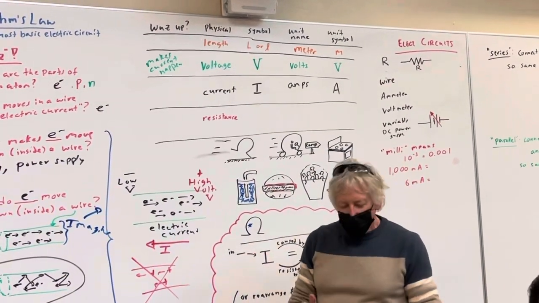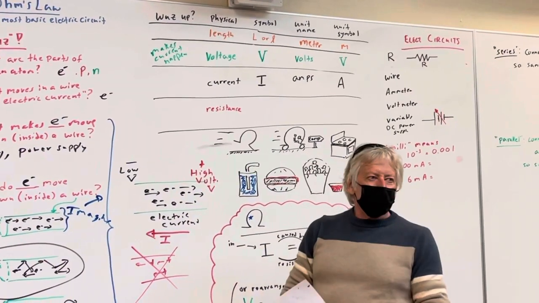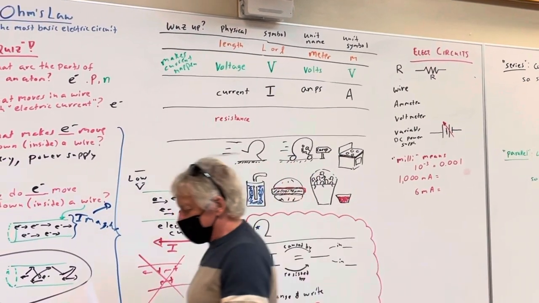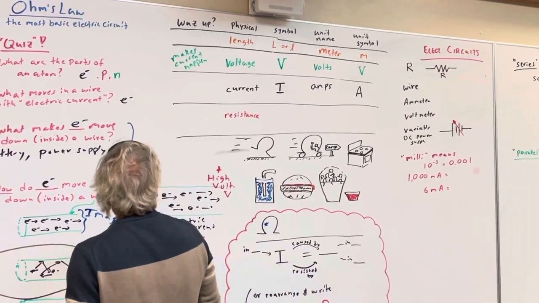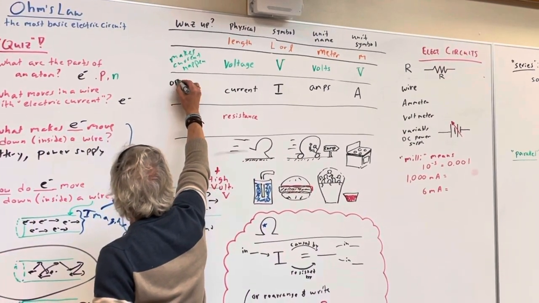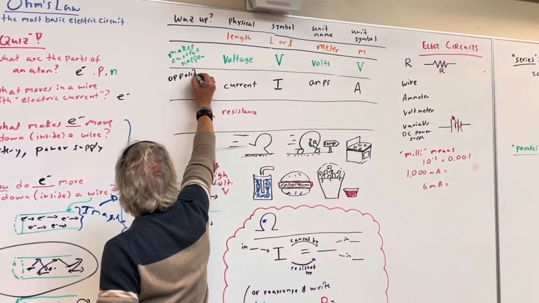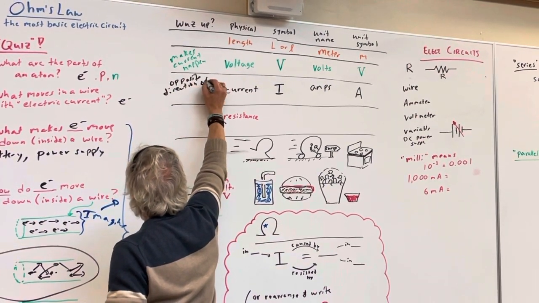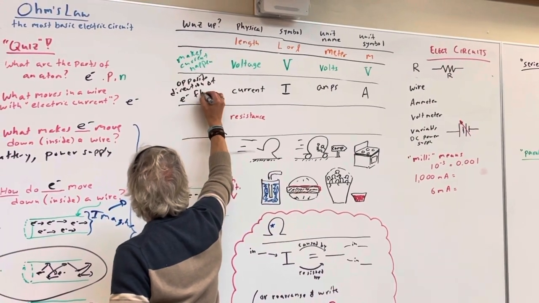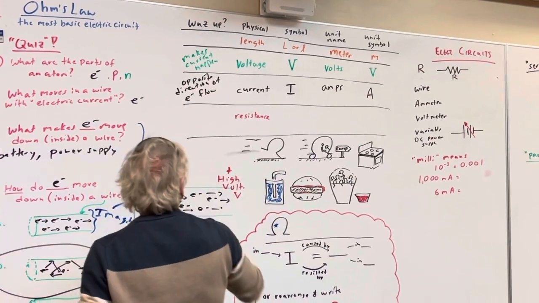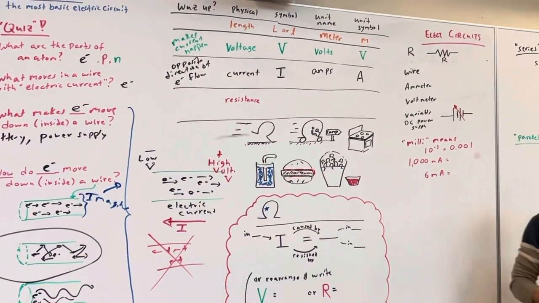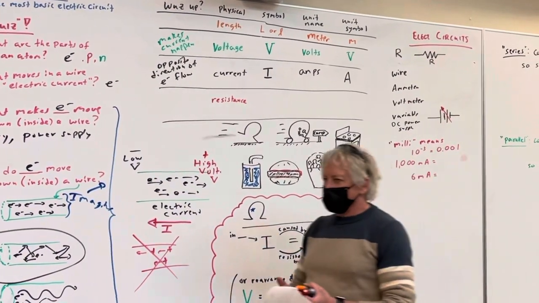So just get used to it. This is actually in the opposite direction of electron flow, but really, it's just how many electrons are going down the wire.